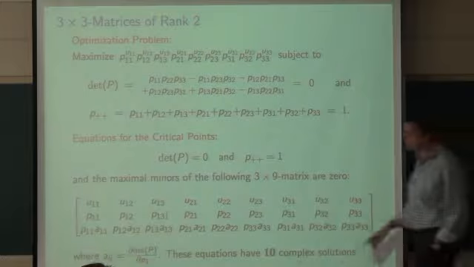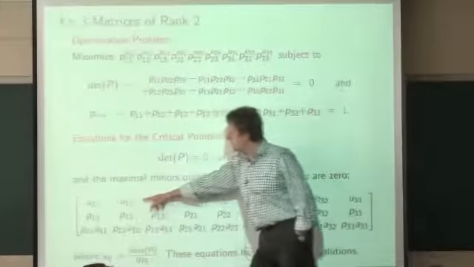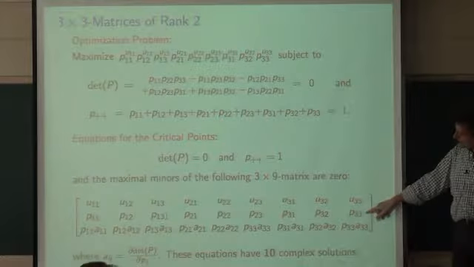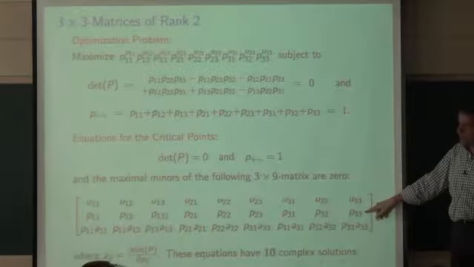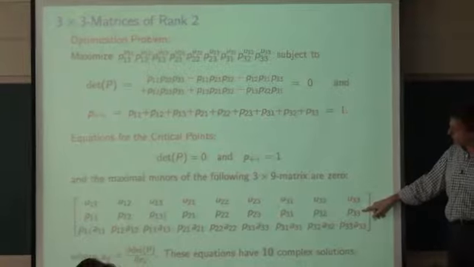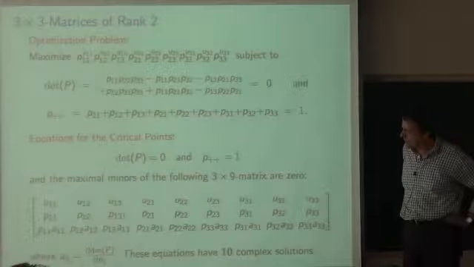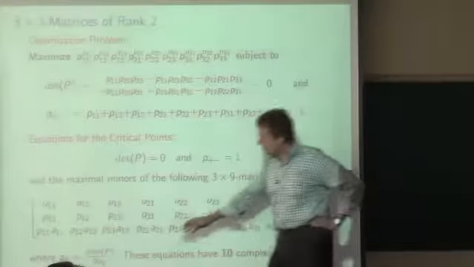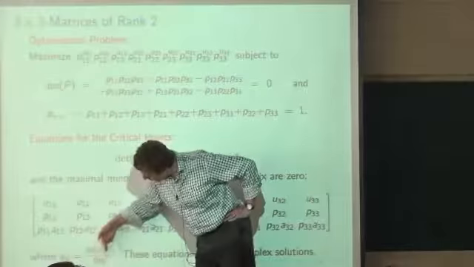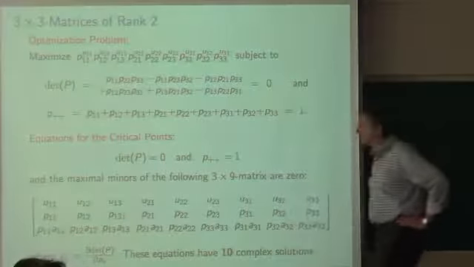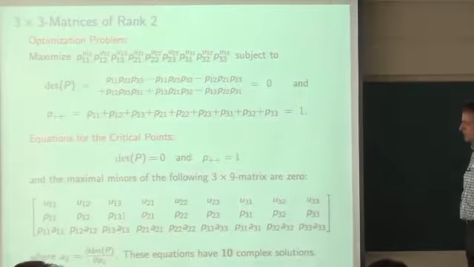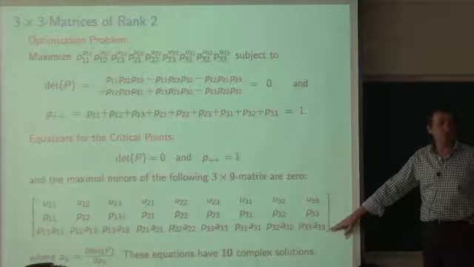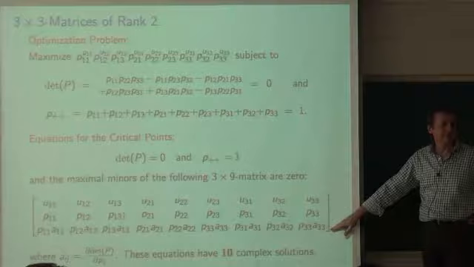So what's this matrix? Well, first of all, I flatten out, I vectorize my data matrix. Then the second row, I vectorize my unknown probability table. And in the third and last row, the entries are Pij times the corresponding cofactor. The cofactor of the matrix is the derivative of the determinant with respect to Pij, and so each entry in the last row is a cubic polynomial in the p's.